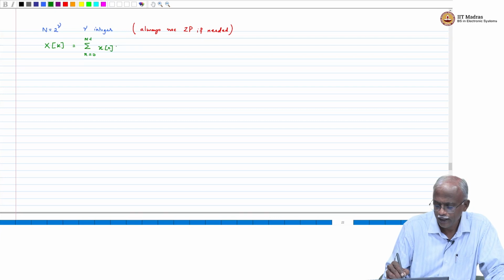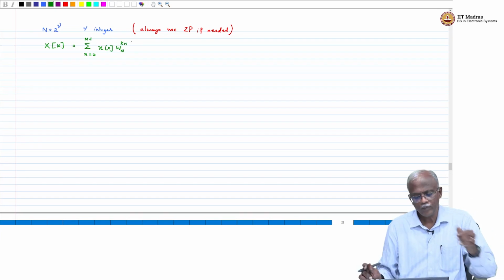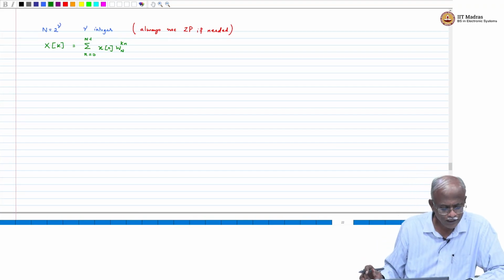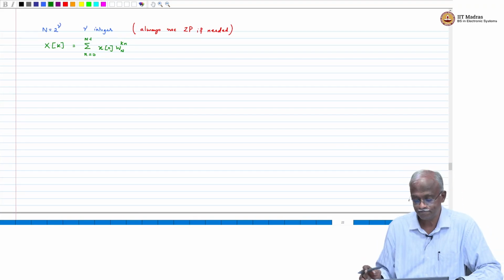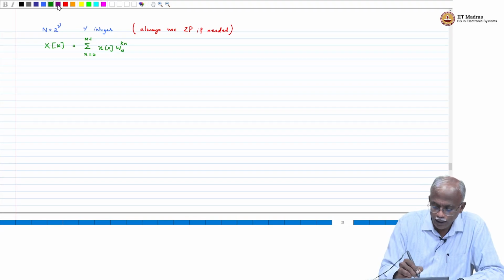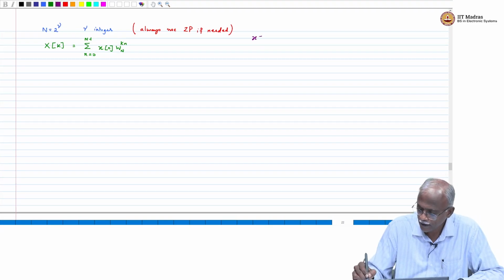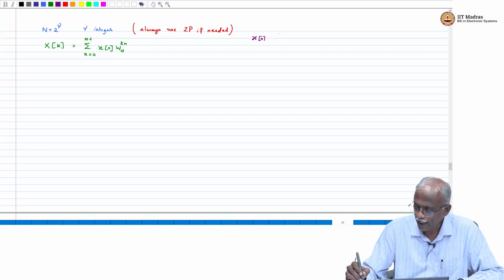of n, W_N^{kn}. This is the DFT computation. Now x of n, if you look at the samples, the even samples are x0, x2, x4 and so on.